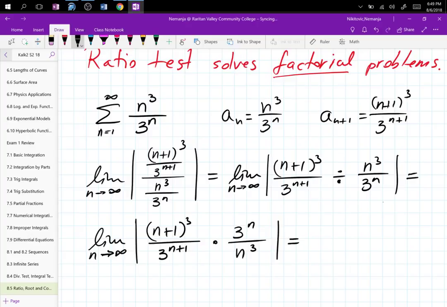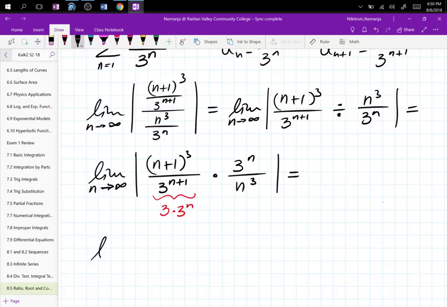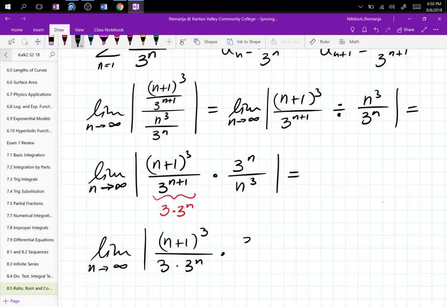So now you have to take this limit. The great thing here is that you can break 3 to the n+1 into 3 times 3 to the n, because 3 to the first power times 3 to the n is 3 to the n+1. So the limit as n goes to infinity of (n+1) cubed divided by 3 times 3 to the n, times 3 to the n over n cubed.